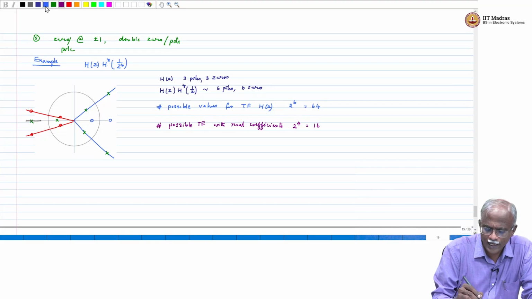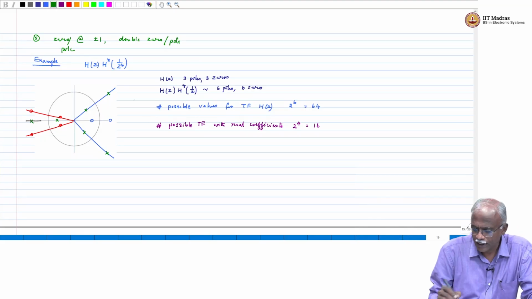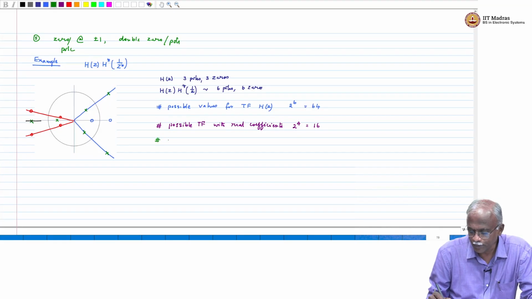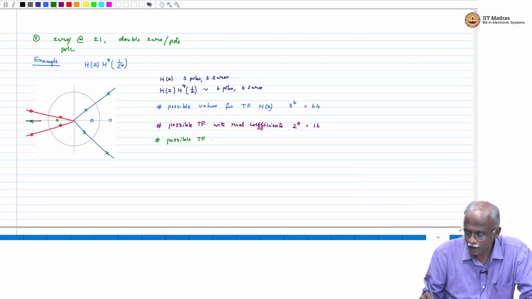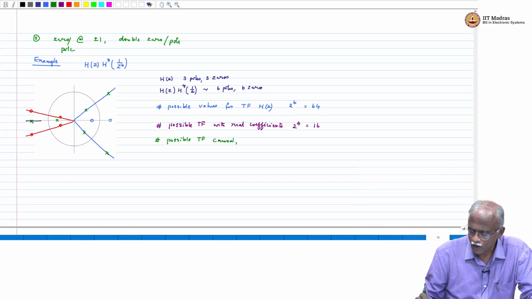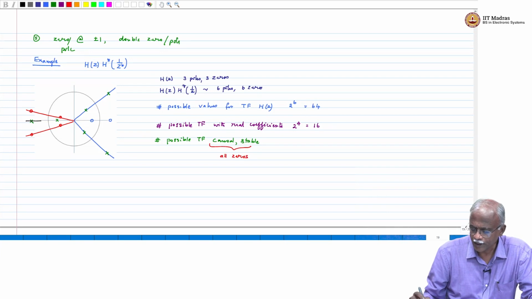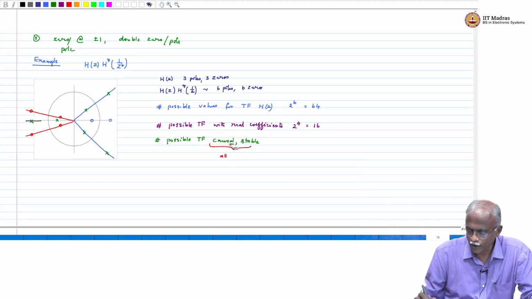Okay, now supposing I impose the condition that I want the transfer function to be stable. Transfer functions which are causal and stable. Causal and stable means all poles inside the unit circle. So there are no choices with respect to the poles, they are fixed.